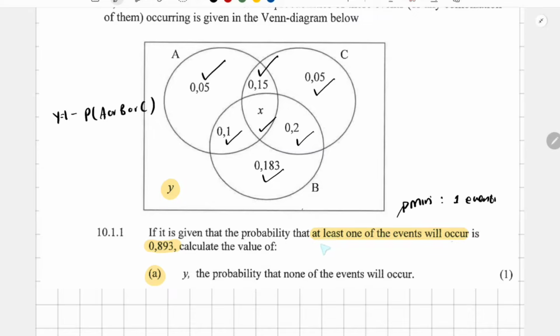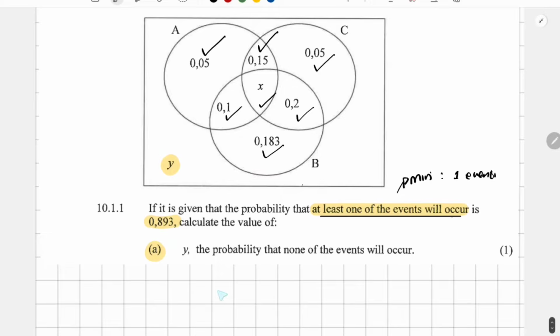So now we understand this part says at least one of the events will occur. That is the sum of all the probabilities inside all the circles. So all those probabilities, they add up to this number. So in order to find Y, just like I had previously, 1 minus the probability of A or B or C, and the probability of A or B or C is also the sum of every single thing here.